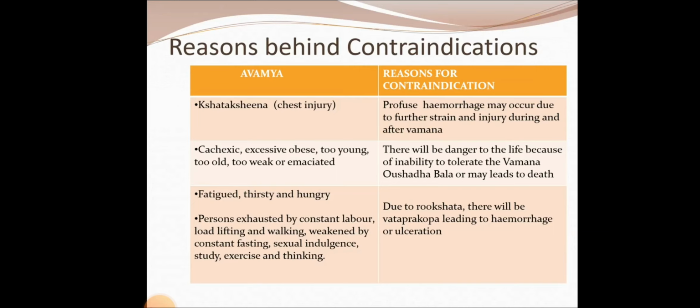For example, first one is kshatakshina. That is a person who has a chest injury. Imagine if a person with chest injury does this vamana, what happens? Profuse hemorrhage may occur due to further strain and injury during and after vamana.